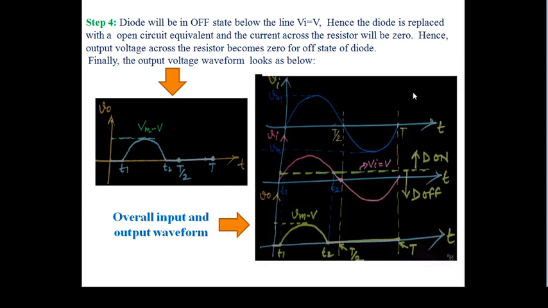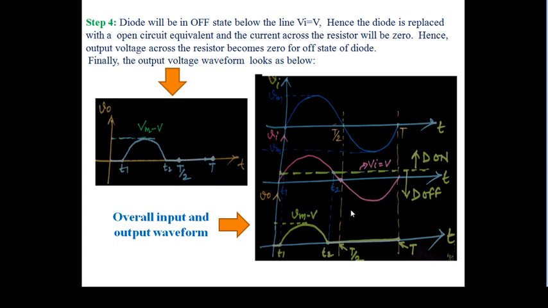When we give the input voltage, you have to draw the transition voltage line Vi equals V. Above V the diode will be on, below this line the diode will be off, and the maximum peak value when the diode is on is Vm minus V. From T1 to T2 the diode is on, so the output voltage will be of similar fashion as the input, but the peaks will be Vm minus V, and when the diode is off there will be zero voltage. So there is 0 voltage here and 0 voltage here.